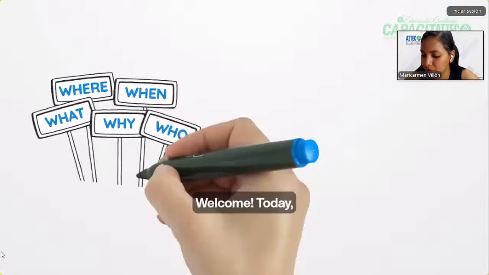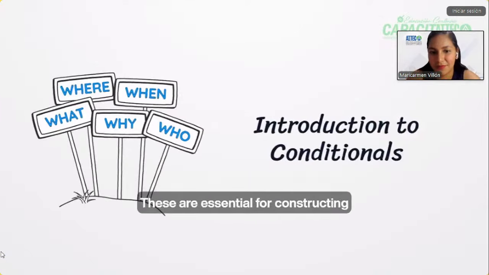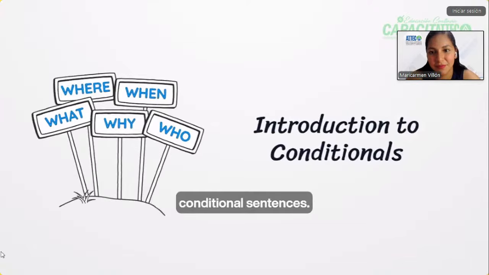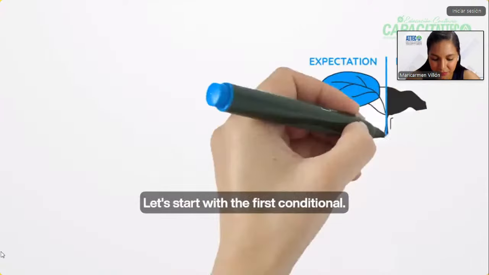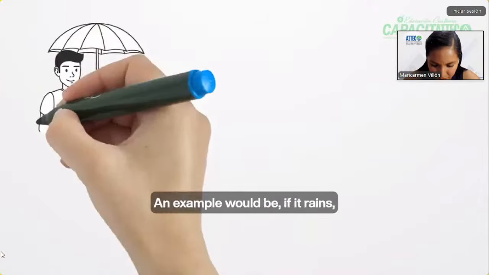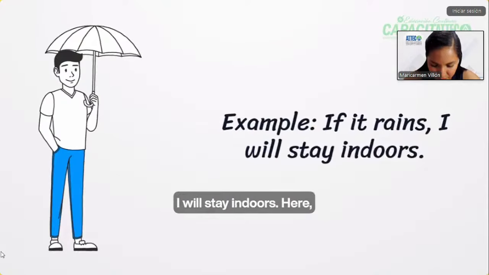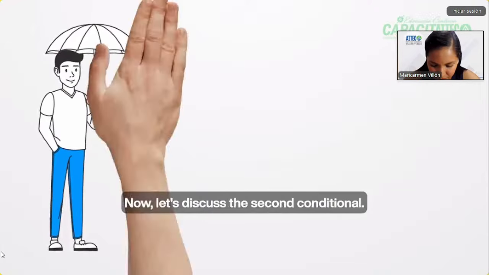Welcome! Today, we'll explore first and second conditionals in English grammar. These are essential for constructing conditional sentences. Let's start with the first conditional. It describes real and possible situations. An example would be, if it rains, I will stay indoors. Here, the situation is real and possible.